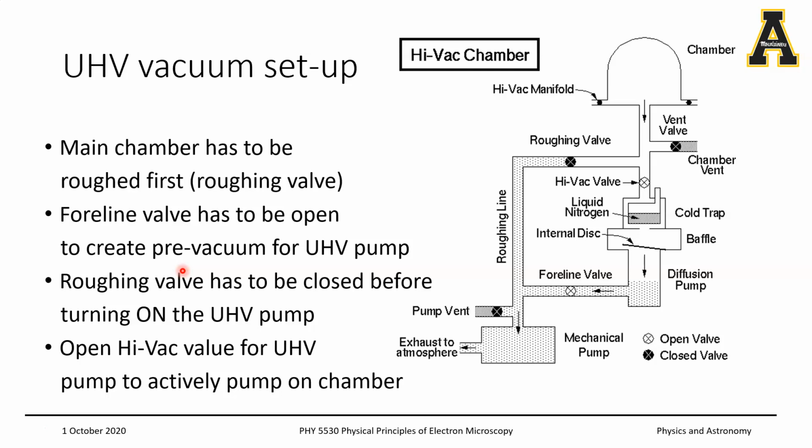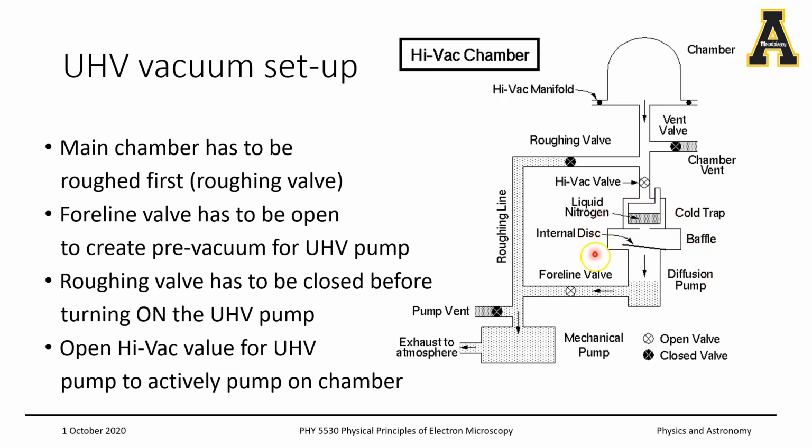And before we get into that, we want to talk about the procedures you would adopt while pumping down a chamber from atmosphere. Generally your system setup will have a certain number of mechanisms and valves and lines that you need to be aware of. So let's take a look at this system here. This is just a schematic. That's your chamber. In our case, it would be an electron column, right? And this is true for any ultra high vacuum system setup.